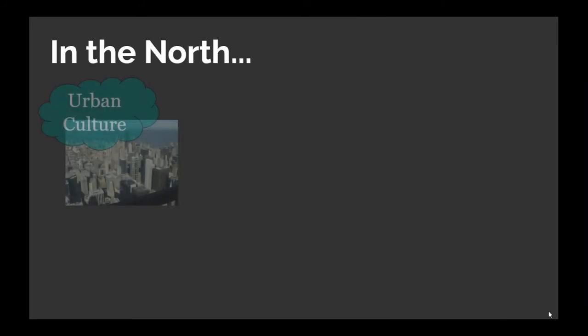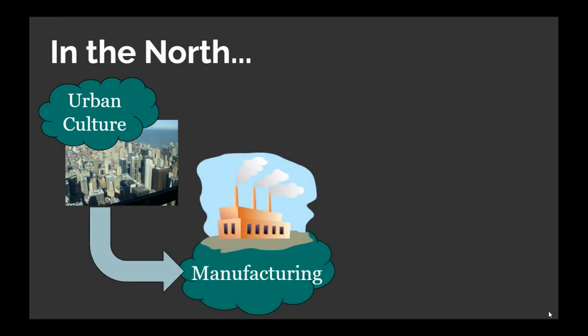So in the North, remember they have an urban culture. They have lots of cities and big towns, and their cities and towns are really close together. Most people are going to live and work in cities. In cities, the way that you make money is mostly going to be through manufacturing or making things in factories. They do not have slavery in these factories.